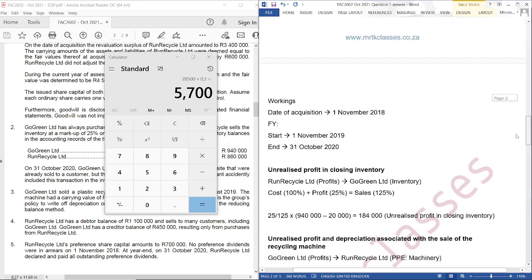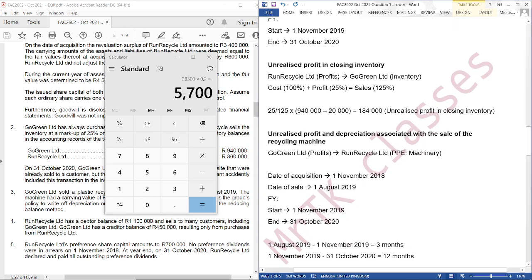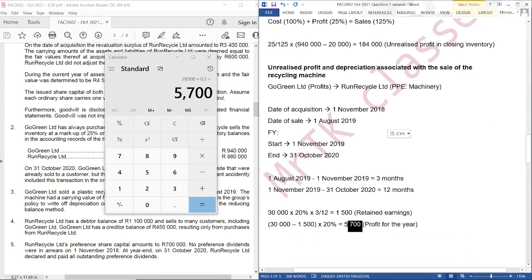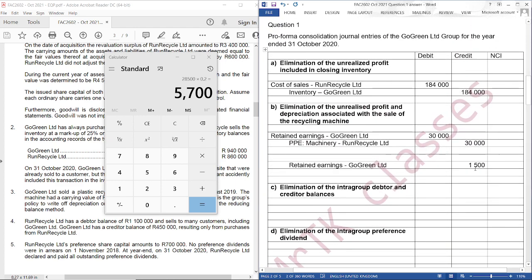Alternatively, you can come and check here. Profits are in the books of Go Green Limited, right? Then for the current financial year, 5,700, we are going to credit depreciation account. So depreciation is an expense, and expenses have a debit balance. So once you credit depreciation, you are decreasing depreciation.